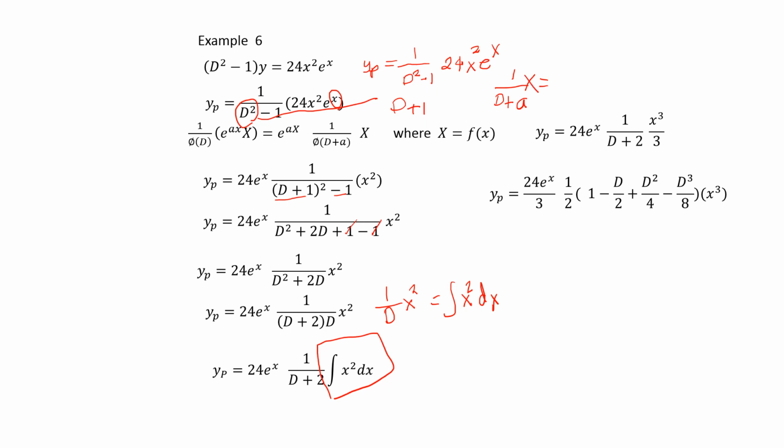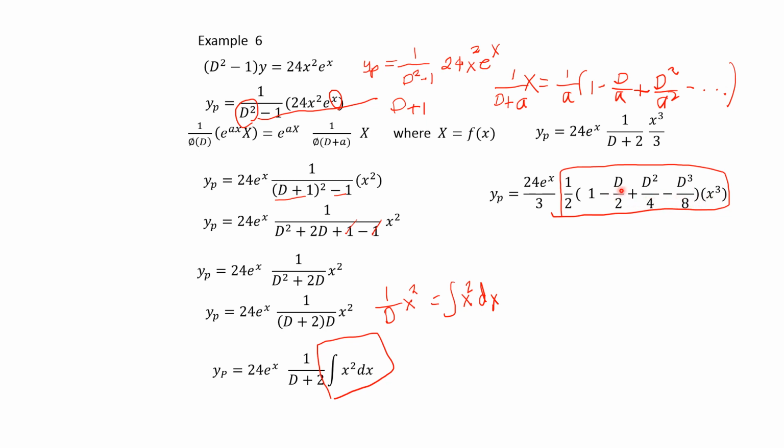This is 1 over a times 1 minus d over a plus d squared over a squared minus and so on. That's the formula there. So we have 1/2 times 1 minus d over 2 plus d squared over 4 minus d cubed over 8, applied to x cubed.